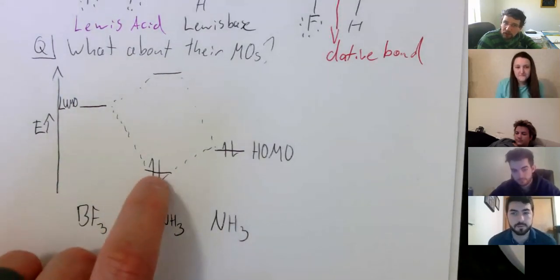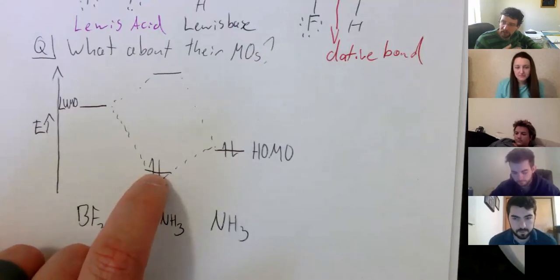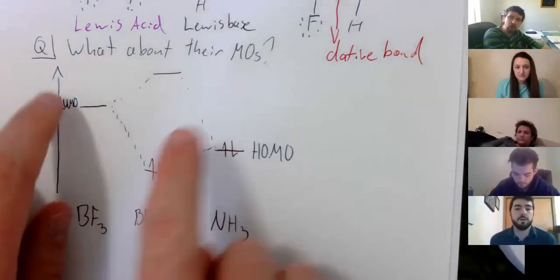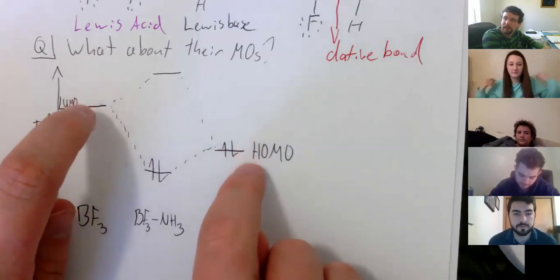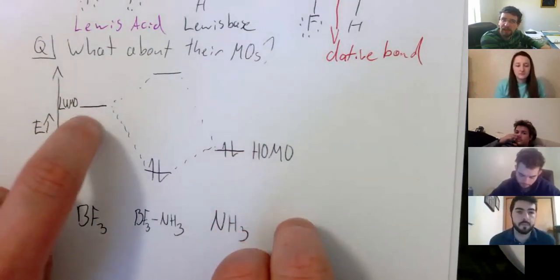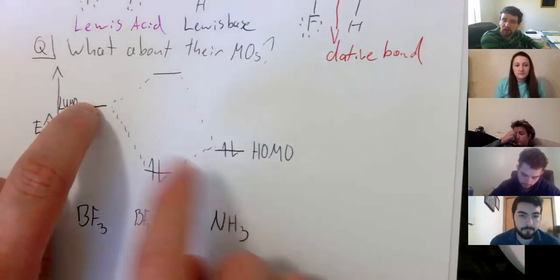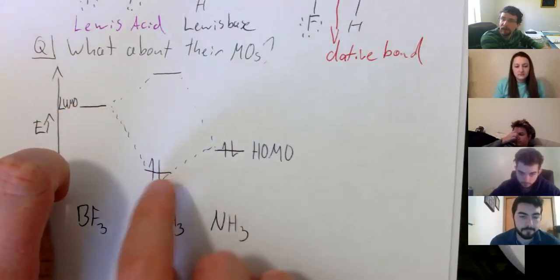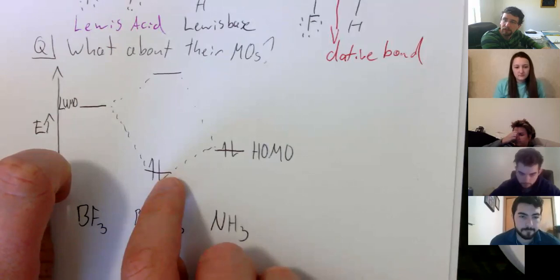And this portion right here, remember from the LCAO, or the linear combination of atomic orbitals, these orbitals themselves, this one only has ammonia character, this one only has boron trifluoride character. What about this new hybrid MO? What type of character does it have? Both.